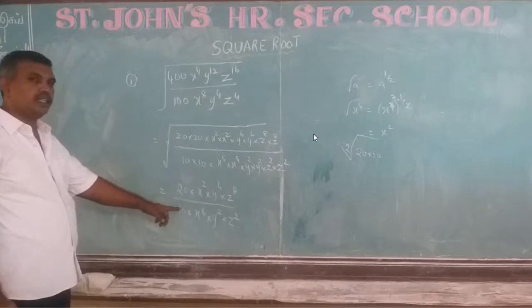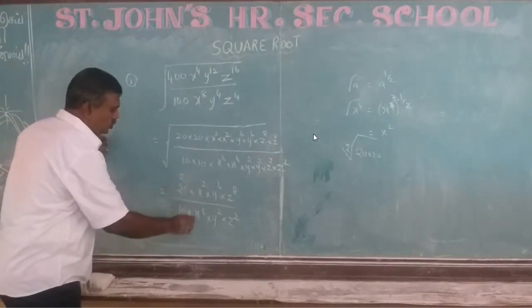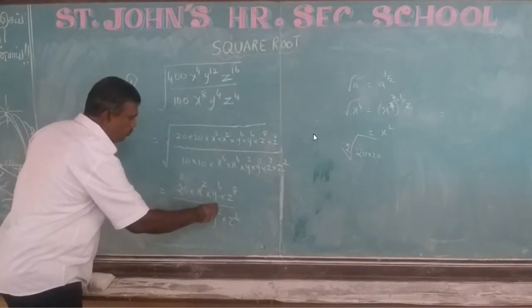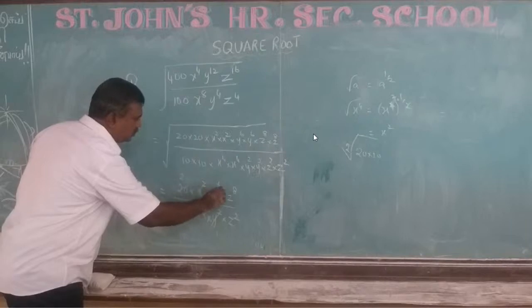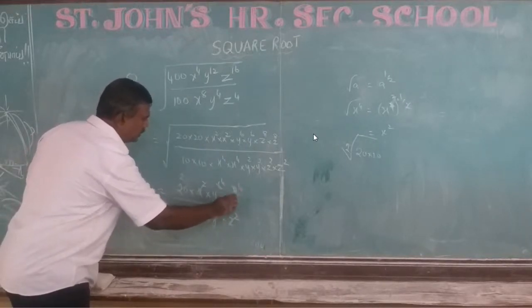Now we cancel these numbers. 10 to x squared to y squared, y power 4, z squared. The remaining is 6.